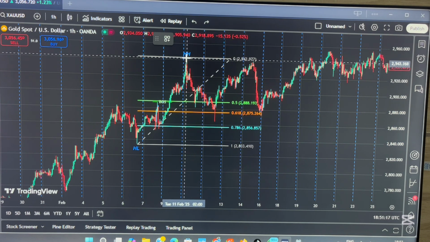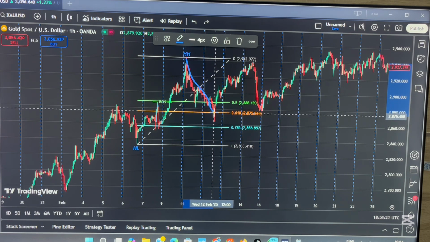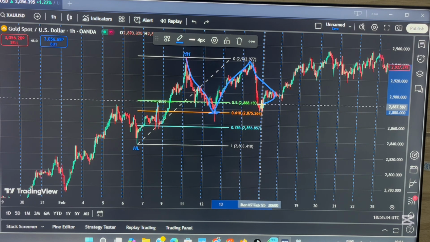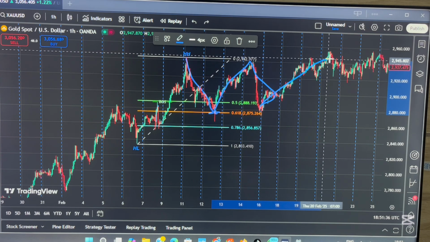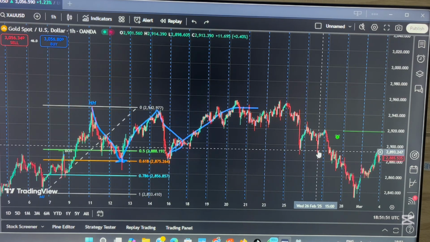We had a retracement all the way down to the 0.61 area where you should enter for a buy, and the market continued to go up. We had a little retracement here again before it went up again, and it touched our current high at this area before the market came down.